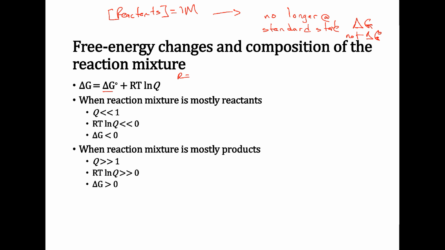R is a gas constant; we use 8.314 joules per mole Kelvin. Our temperature is represented by T, but it has to be in Kelvin. And finally, Q is our reaction quotient.